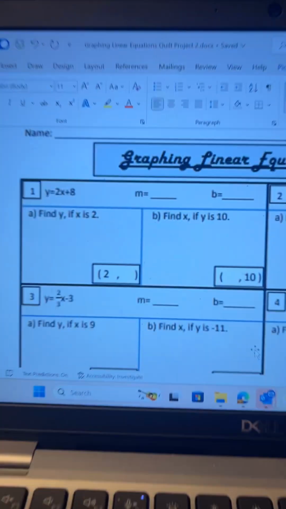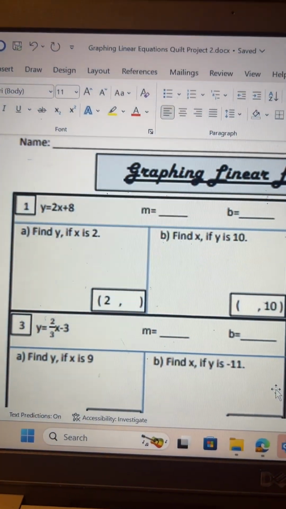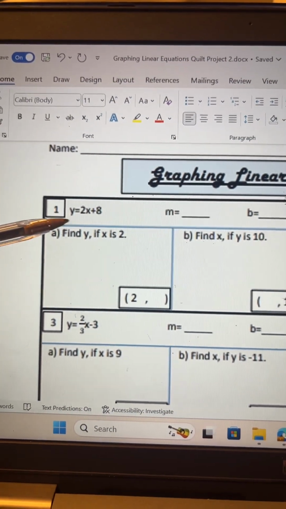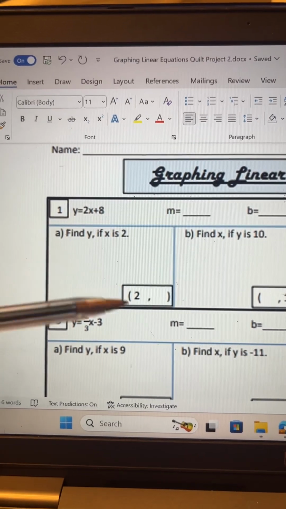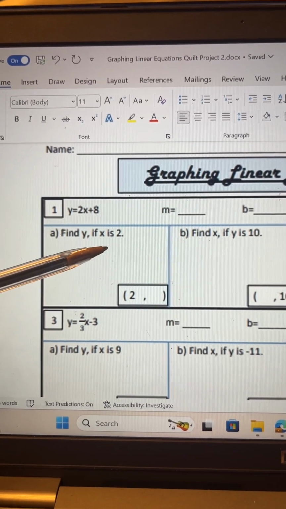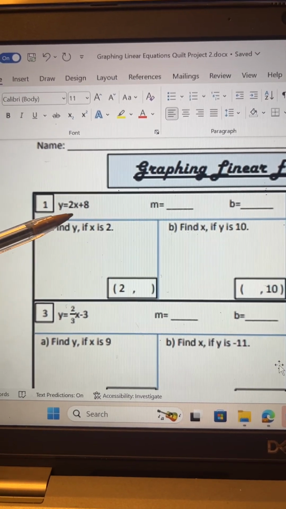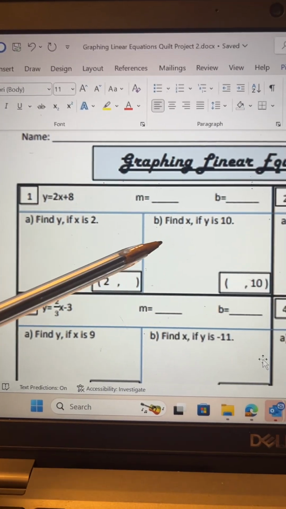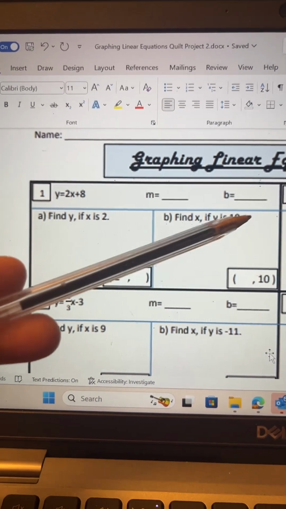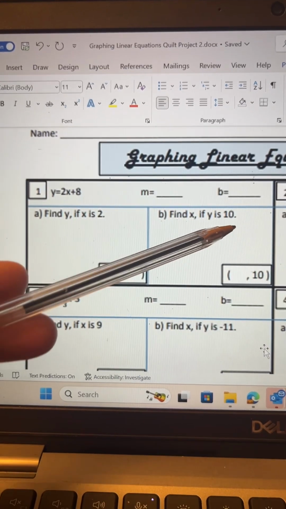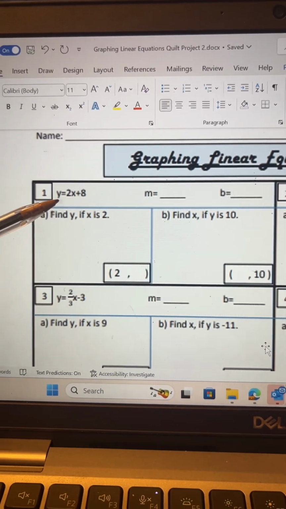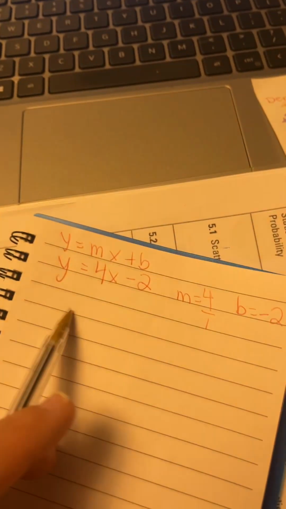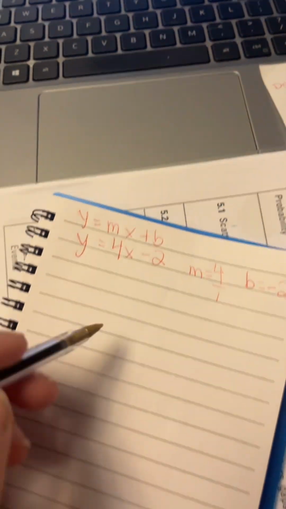All right, the next thing that they're asking you to do is to solve this equation here for certain things, okay? They're saying solve it if x is 2. So if x was 2, we just plug it in and we solve. Or solve this equation if y is 10, then we plug this in for y. So I'm gonna do an example right here with these two things, okay?